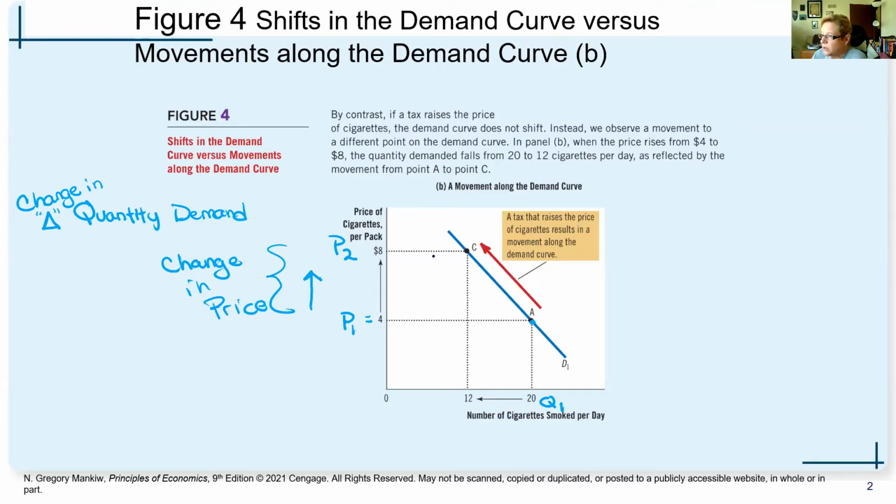As the price increases, we know by the law of demand that the quantity demanded decreases, all else held constant. So when the price went up to $8, the quantity fell to Q2. Notice that we're moving from point A to point C. So this is movement along the curve.